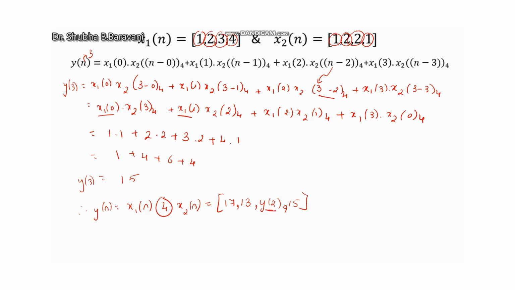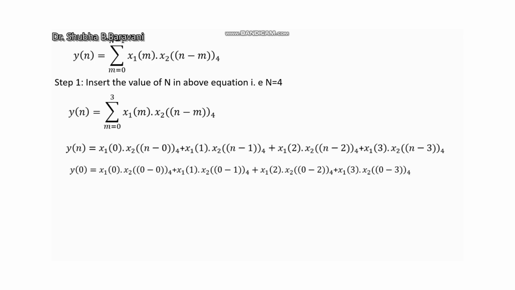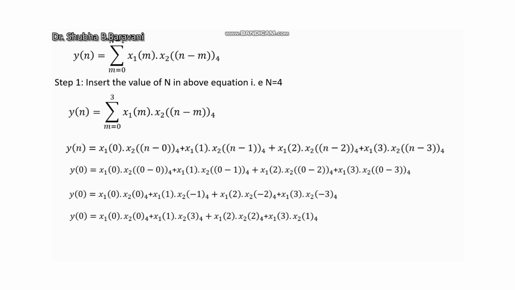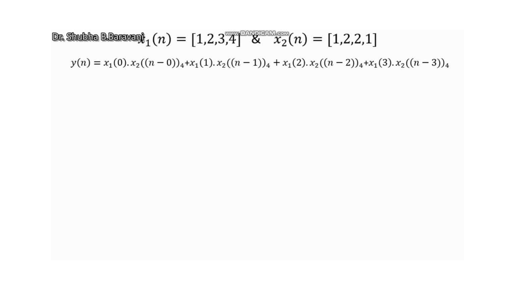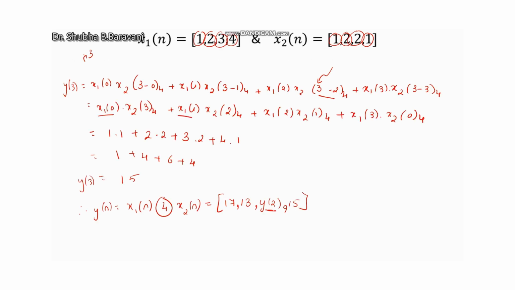Just see what was the value of y of 2. Okay, y of 0 was 17. Right? So just see what was y of 2. This would be your final answer. Right? So this is the circular convolution using time domain approach.